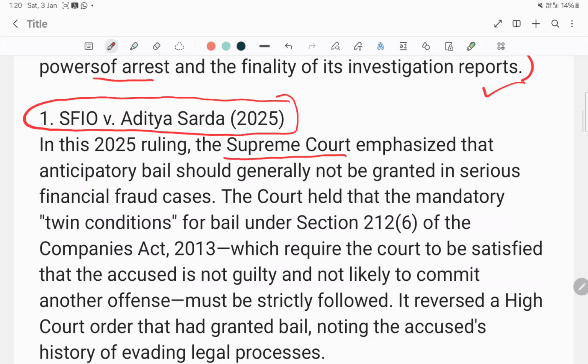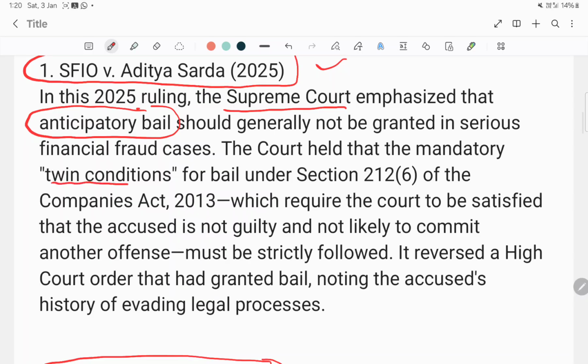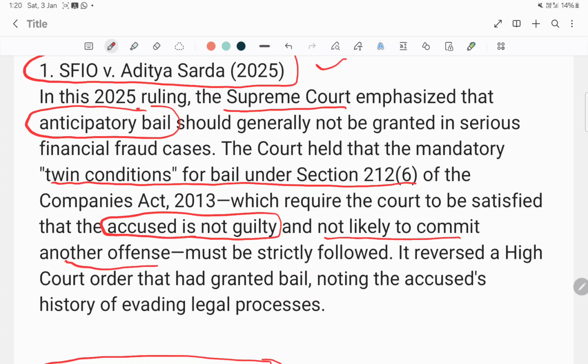The first case is SFIO versus Aditya Sarda. In this case, the Supreme Court talks about anticipatory bail under the Companies Act. It says that there are twin conditions for bail under Section 212(6) of the Companies Act, which require the court to be satisfied that the accused is not guilty and not likely to commit another offense.